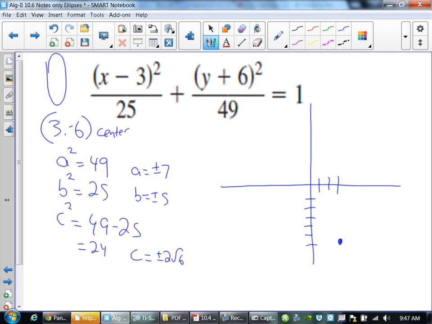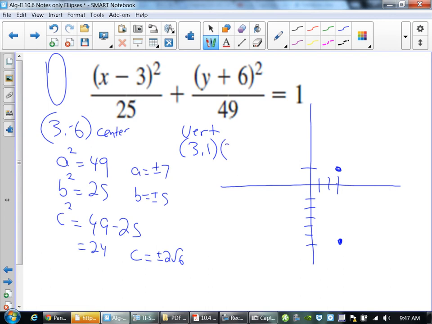Now we have to walk to our vertex. The distance from the center to the vertex is the value of a. Our value of a is plus and minus 7. Since we know that it's being stretched vertically, do I go up or left or right or down? Up and down 7 from there. So if I go up and down 7 from here, well, here's negative 6, so one of my vertices would be at 3 and 1.